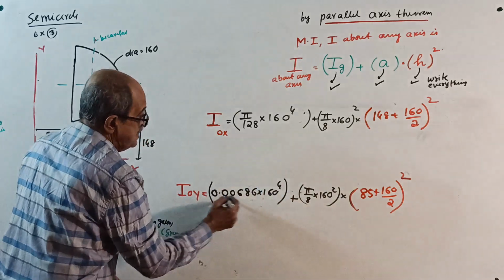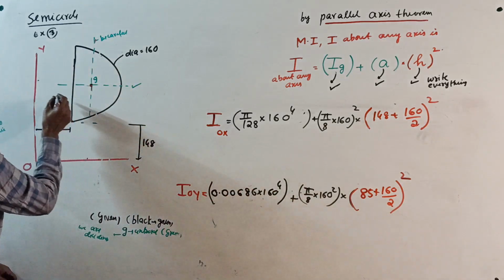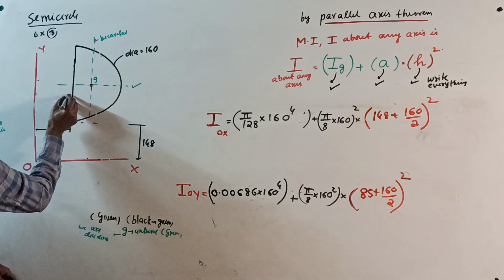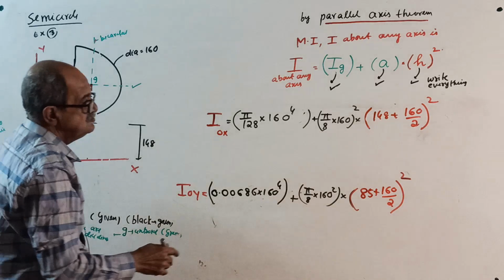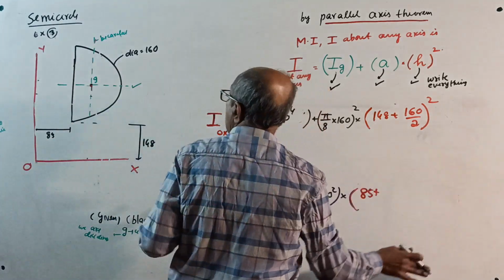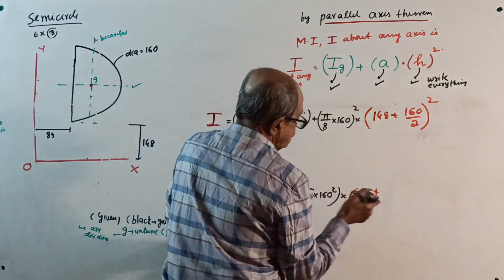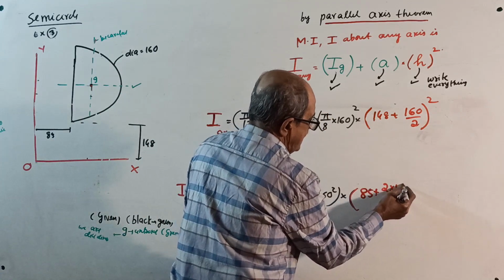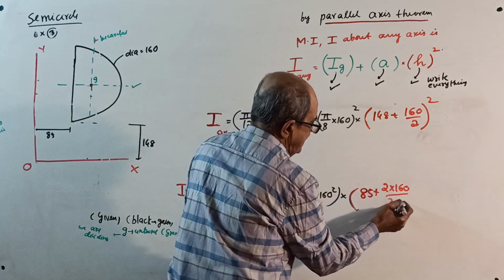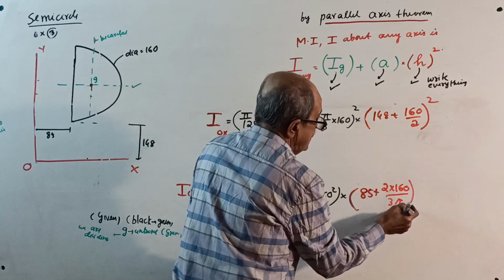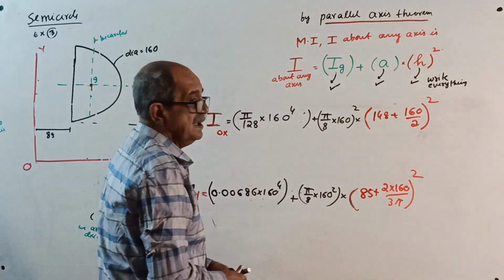This is IG plus area into, see, this distance square is 85 plus 2d by 3 pi, 2 into 160 divided by 3 pi, whole square. That will give I about OY.